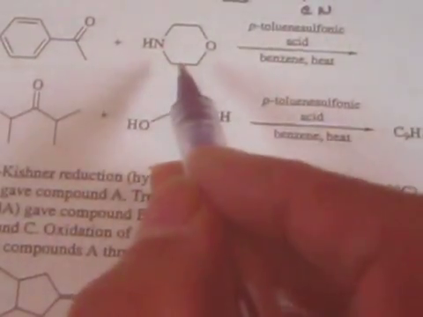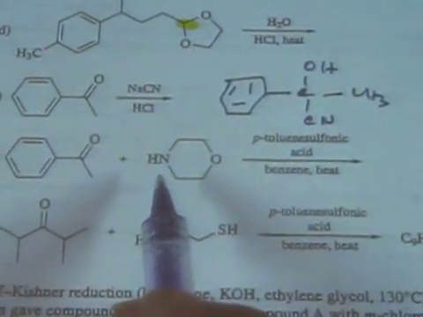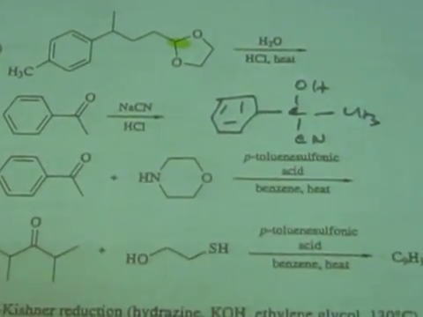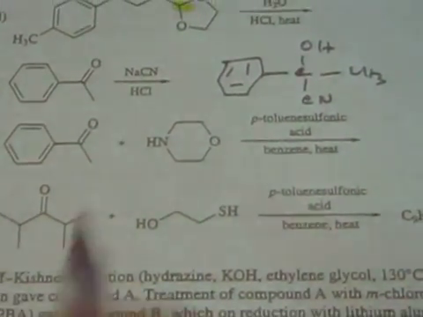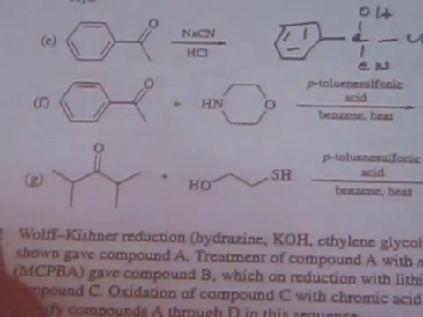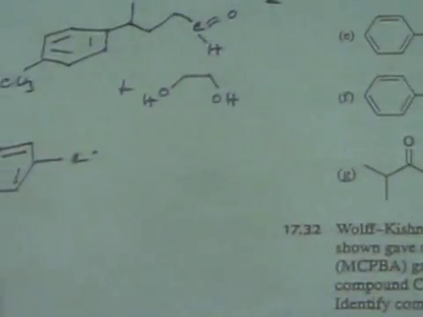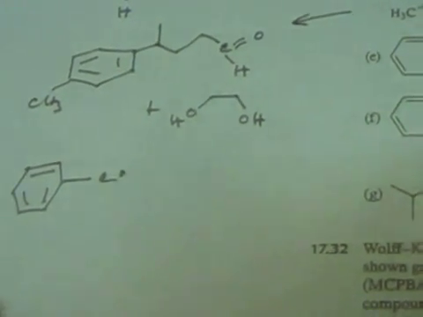Okay, the next one is again similar to the previous one, except that now we have a secondary amine. Therefore, it's going to form an enamine. It initially forms this, and a molecule of water is eliminated.